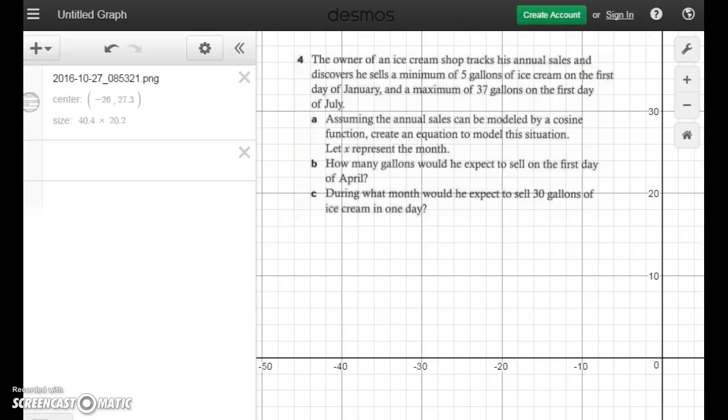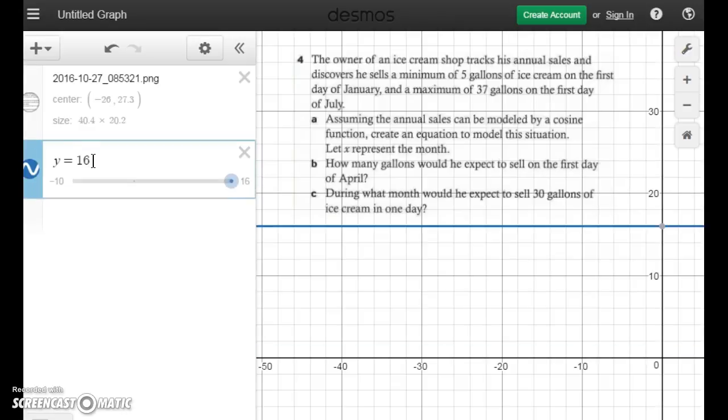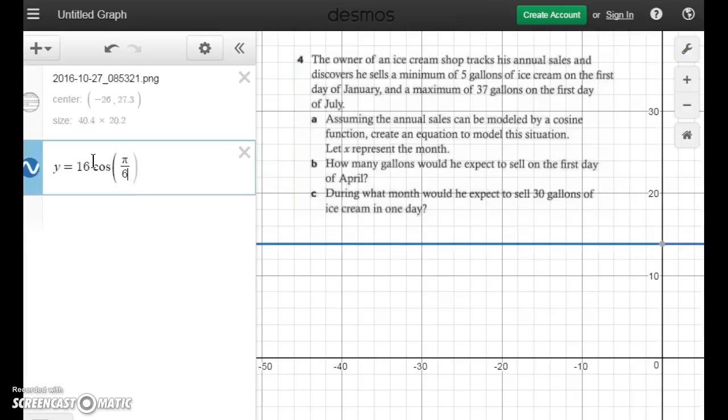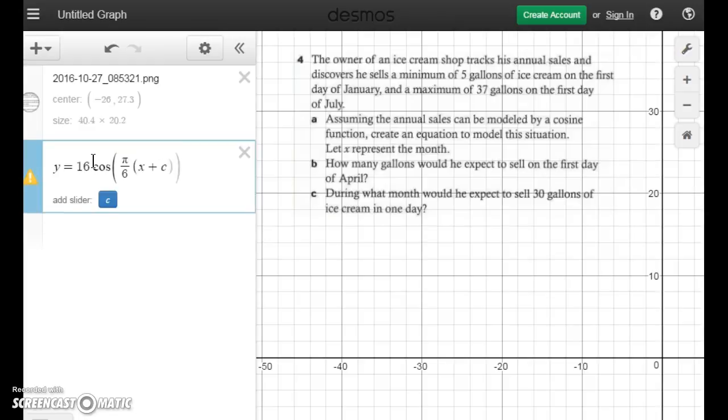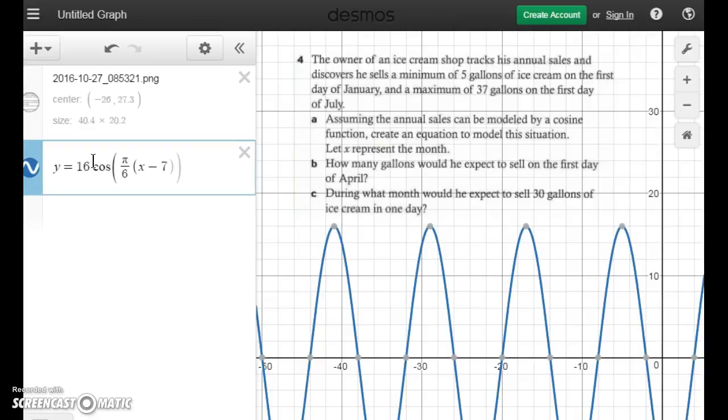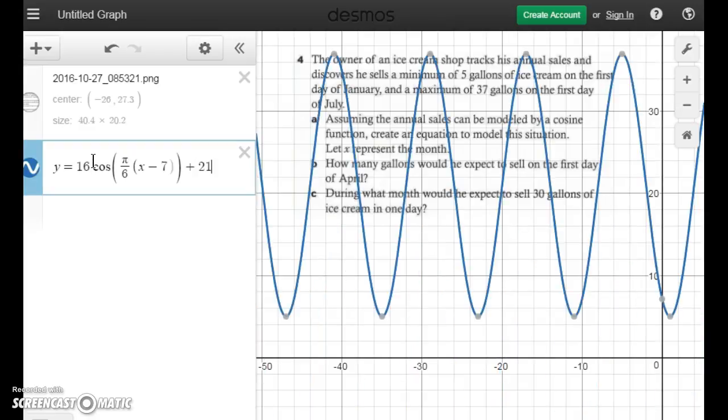I'll put that in Desmos, and let's see what kind of graph we get. A is 16, cosine. B is pi over 6. X minus my C, so this is plus C, right? But my C is -7. And my D is plus 21. Alright?